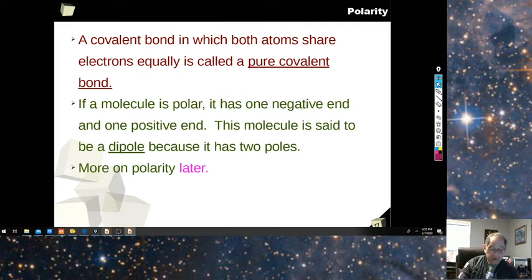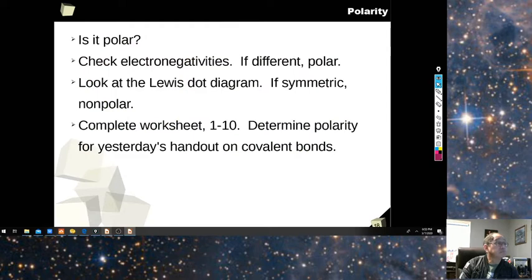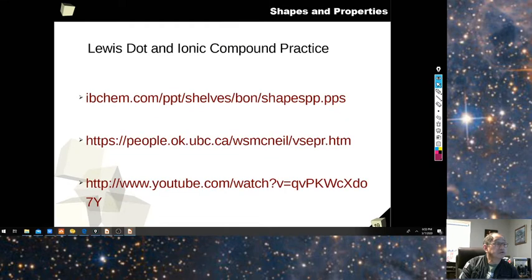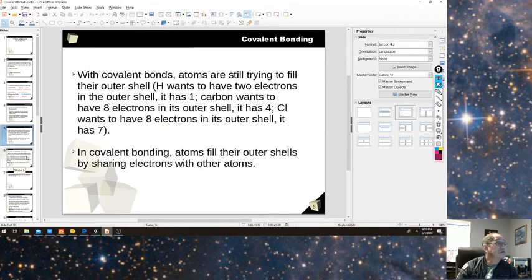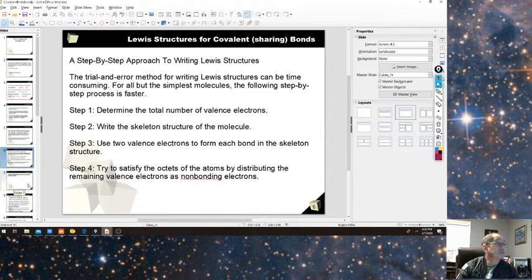Dipole. Okay, we're not going to talk more about that. Is it polar? Okay, we did that. All right, that's it. We didn't see any metal.